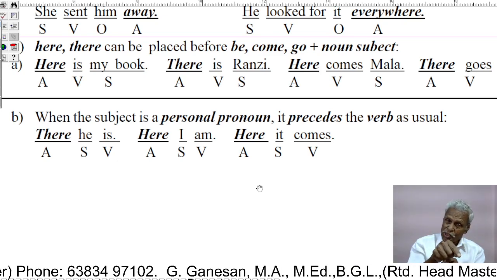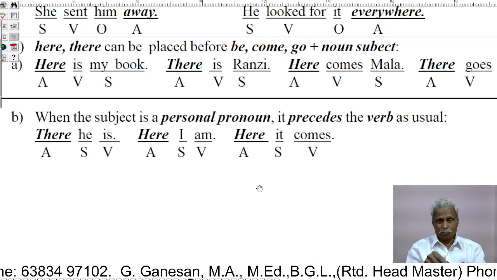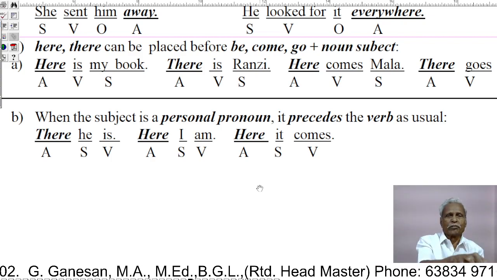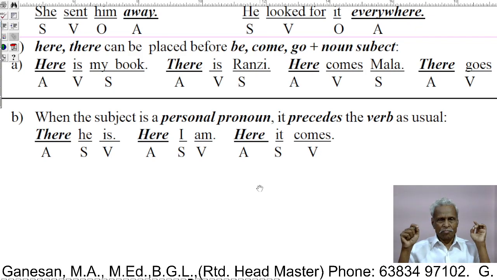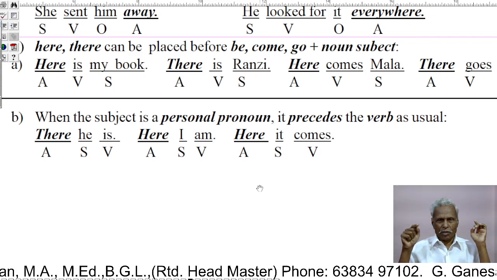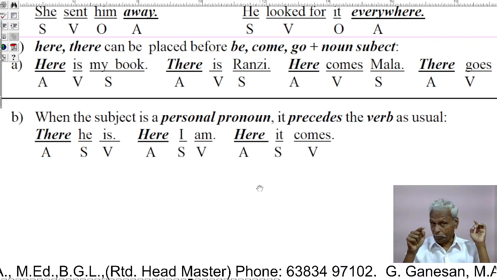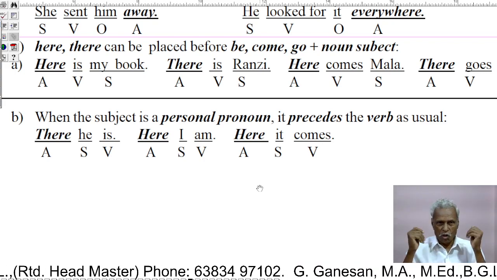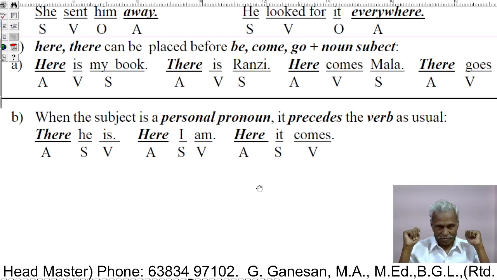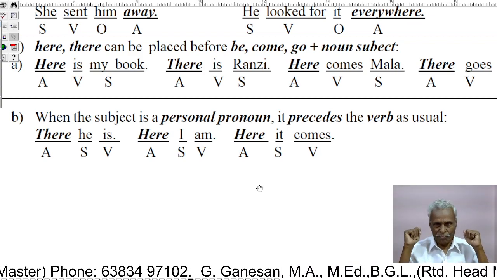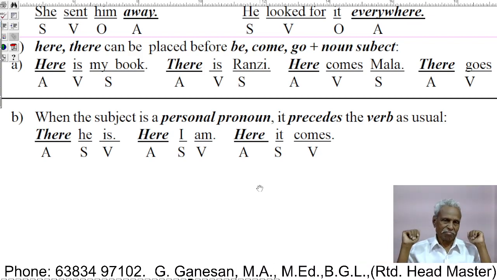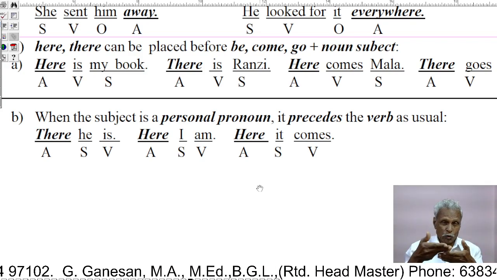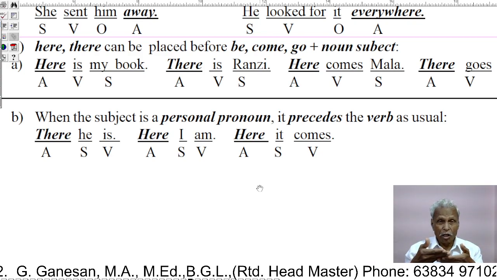But when the subject is a pronoun, it occupies the place before the verb. Example: there he is. Here I am. Here it comes.